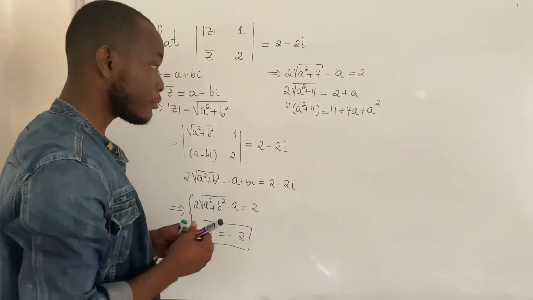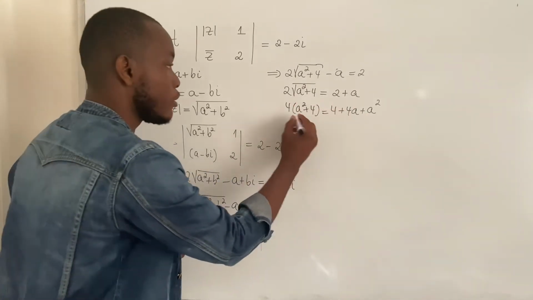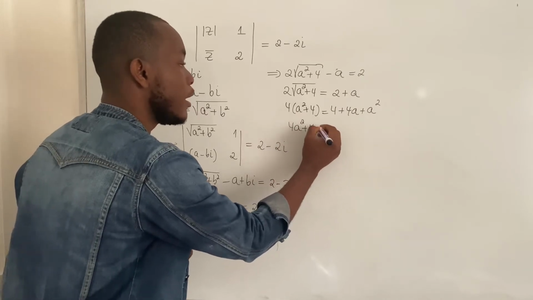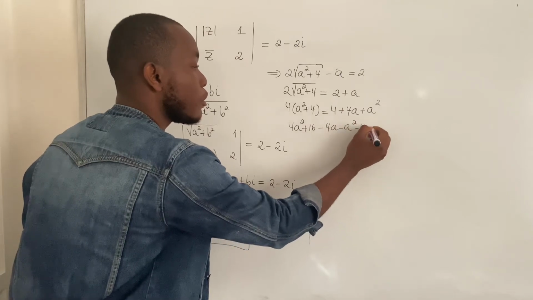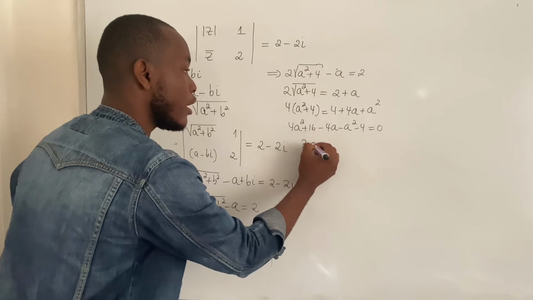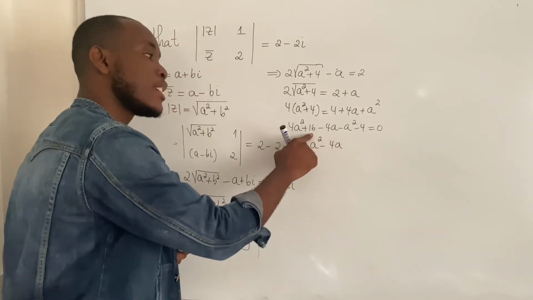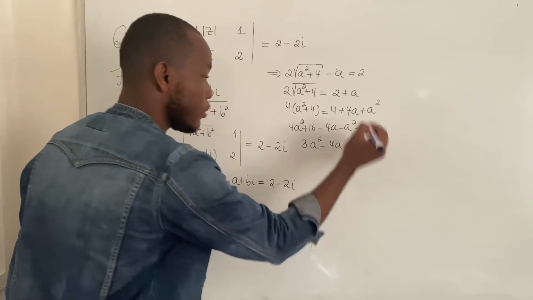Now we can send all this expression to this side. So we have 4a squared plus 16 minus 4a minus a squared minus 4 equal to 0. Then this is equal to 3a squared minus 4a, and 16 minus 4 is 12, so plus 12 equal to 0.